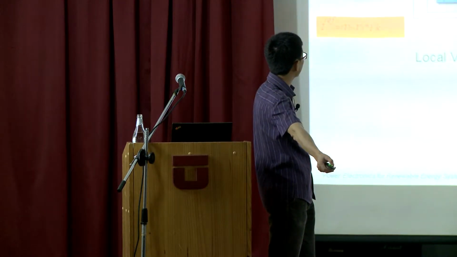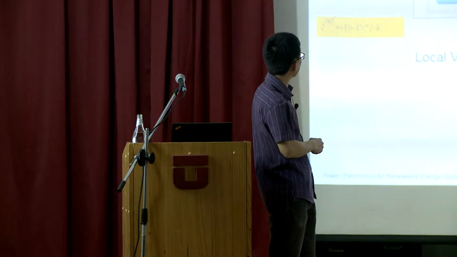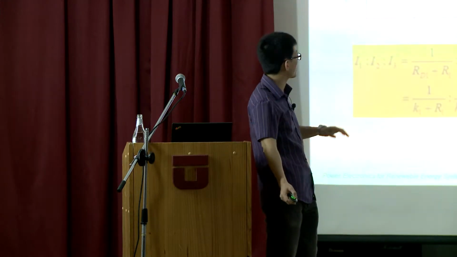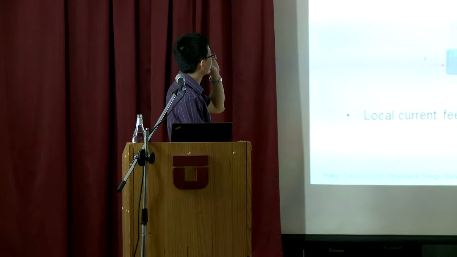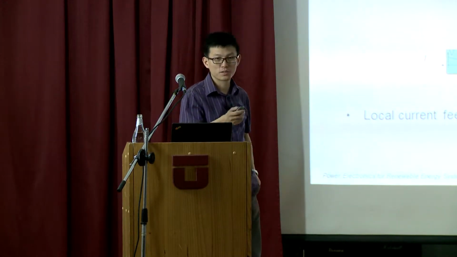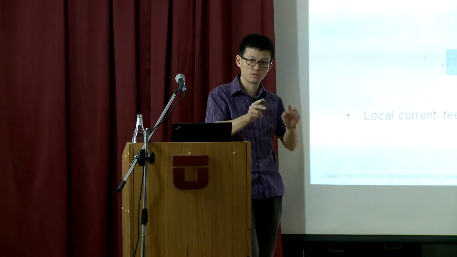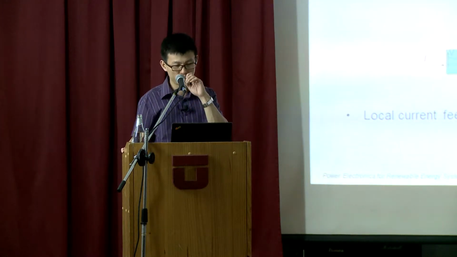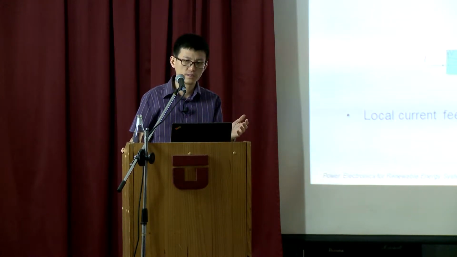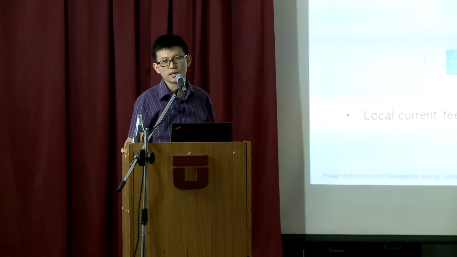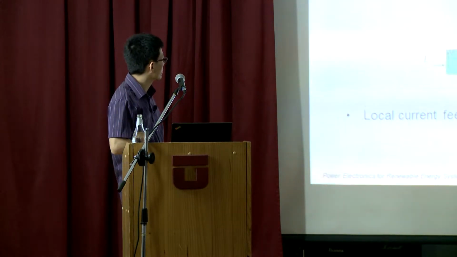There are 2 types, and I'm going to cover this one, don't worry. So this one is the voltage droop. What we're talking about is the current droop, current mode droop. There are 2. Yesterday, when I talked, it was mainly the current mode droop. Yeah. Okay.